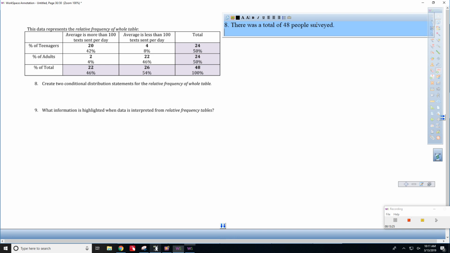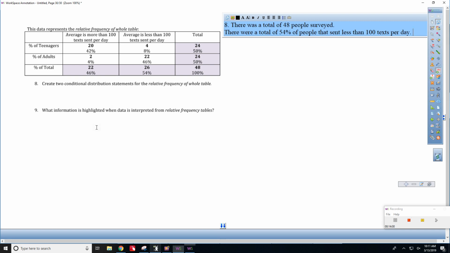There were a total of 54% people that sent less than 100 texts per day. Okay, good. So those are whole values.